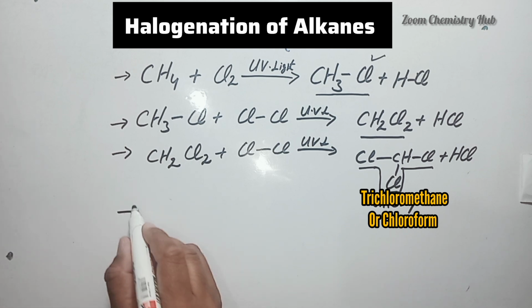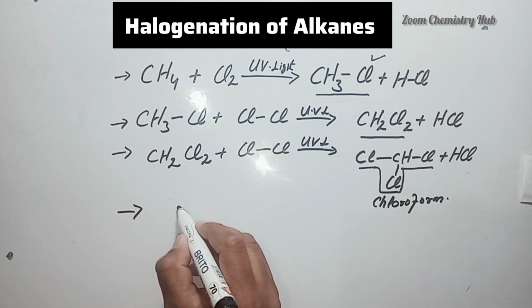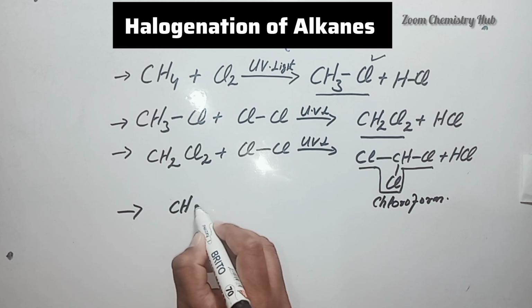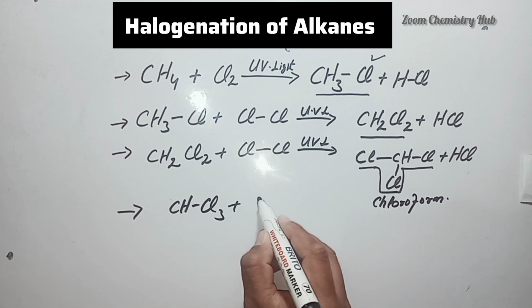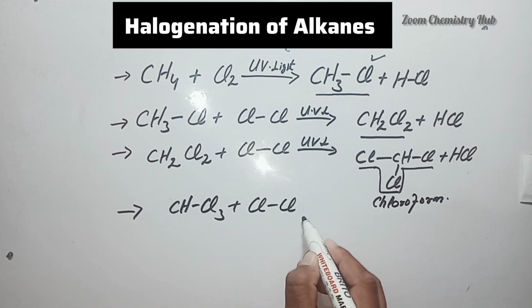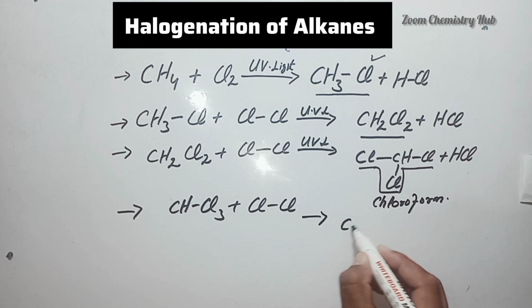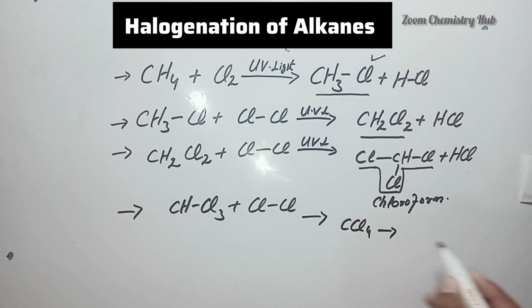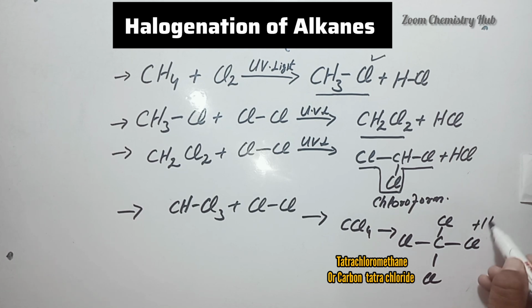And in the last step, trichloromethane, that is CHCl3, reacts with chlorine and they form tetrachloromethane, CCl4, or its structure is CCl4, tetrachloromethane, along with hydrochloric acid.